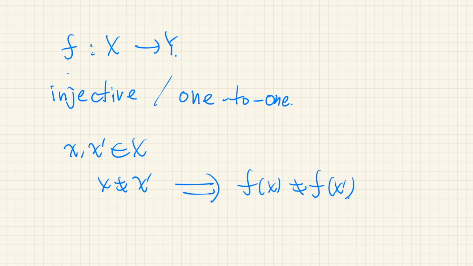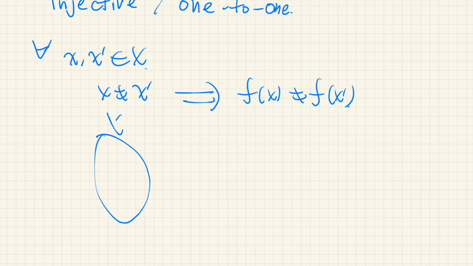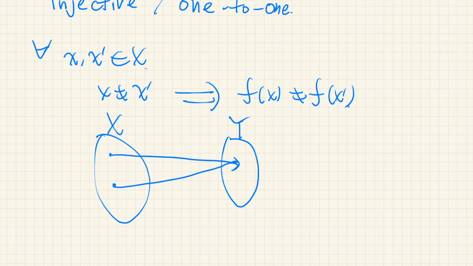So if this holds for every pair of elements in X, then we say this map F is injective or one-to-one. So what this means is this. F is a map from X to Y, right? So if we pick two different elements in X, then they will never map to the same element in Y.